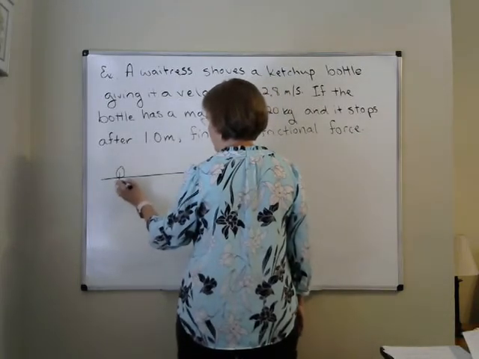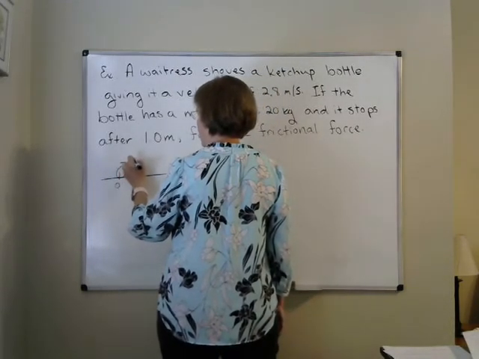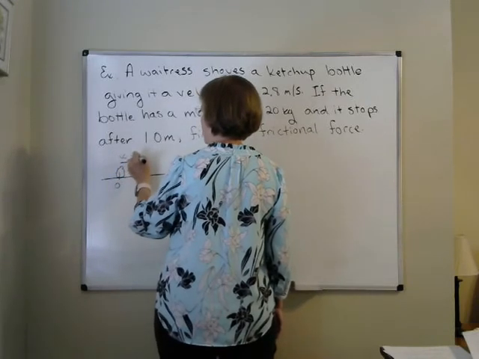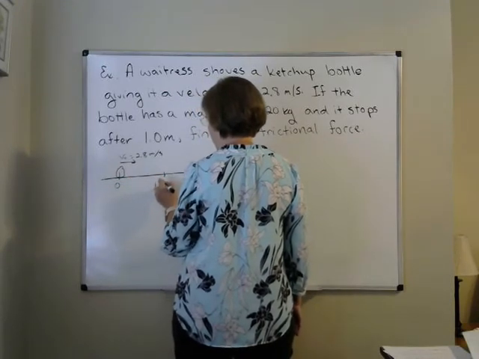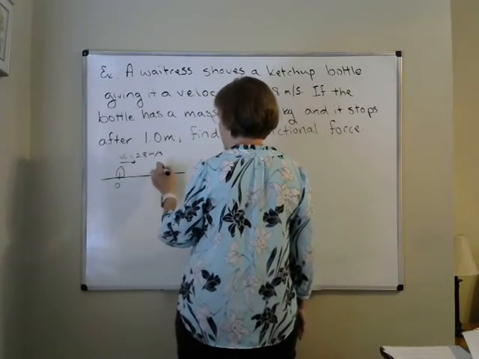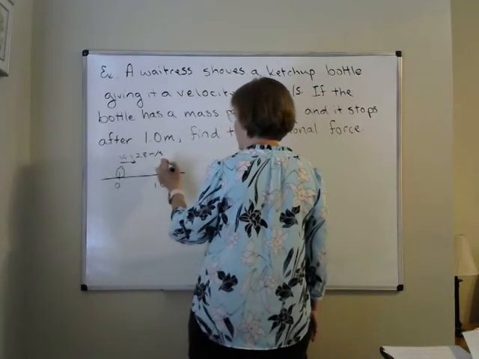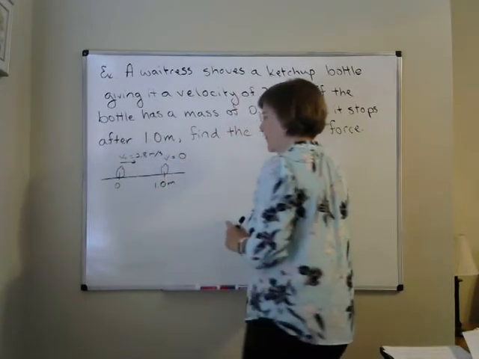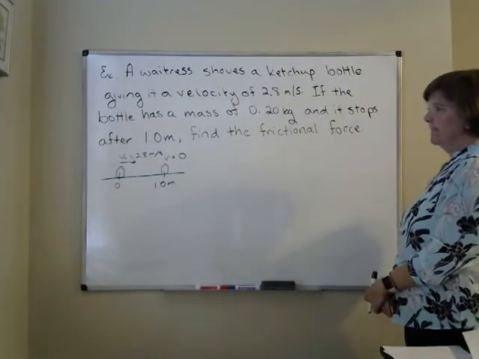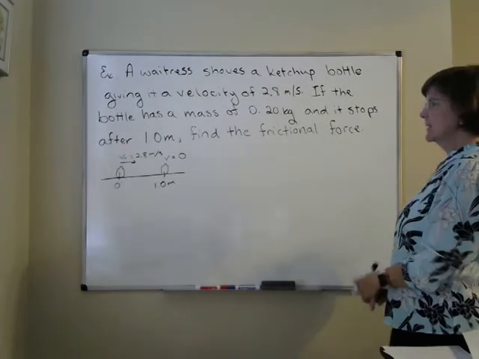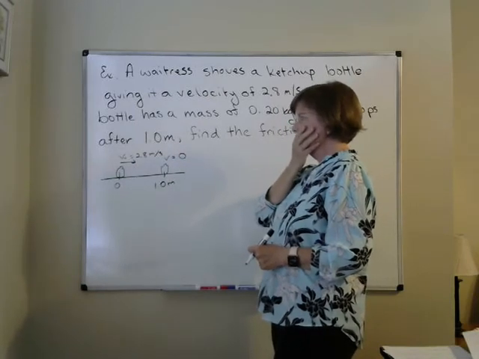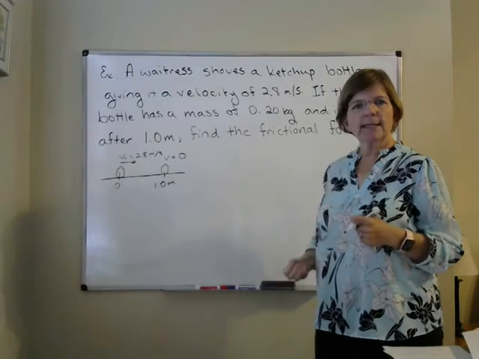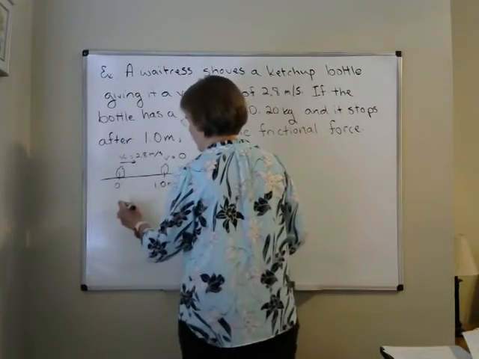She pushes it, and it leaves with some initial velocity, 2.8 meters per second. It slides over here to 1 meter, and by the time it gets here, it has a velocity of 0. From my kinematics, I know the displacement, the initial velocity, and the final velocity. The piece of the puzzle I'm going to want to get from that is acceleration.